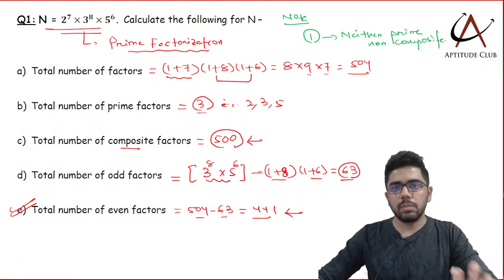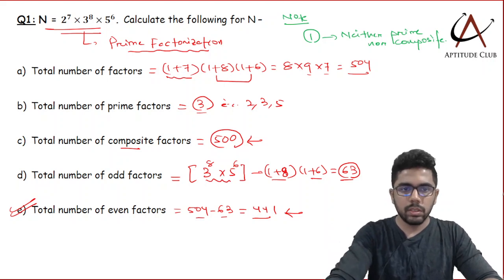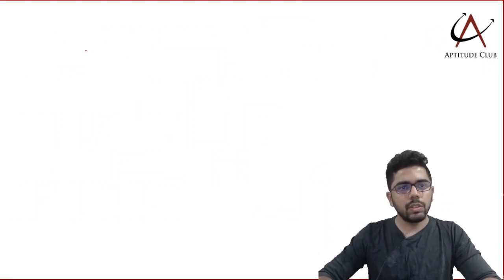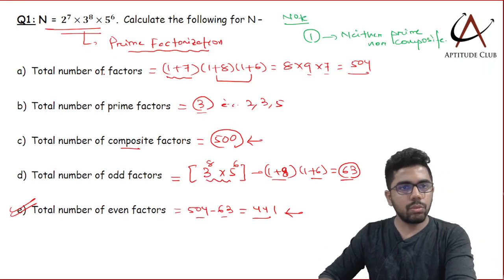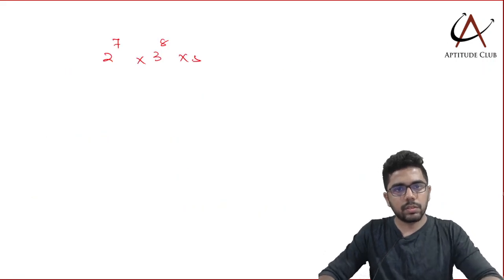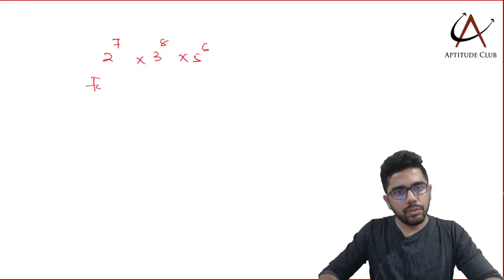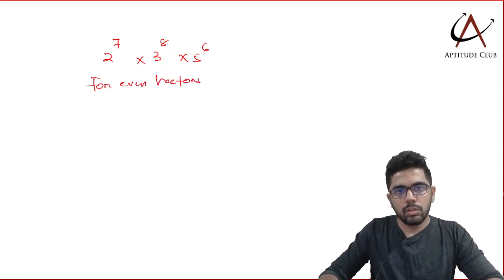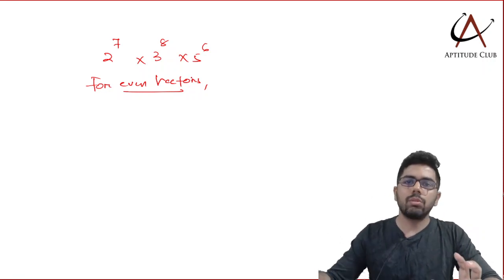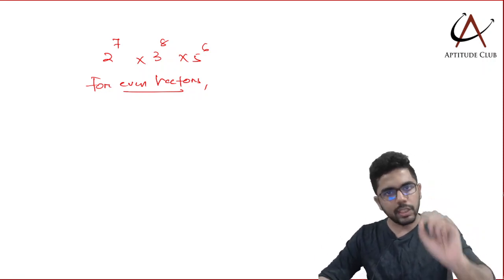Now this fifth term, let me tell you it in another way, that हम directly even factors निकाल सकते हैं. What you do is when you have this number, 2 to the power 7 into 3 to the power 8 into 5 to the power 6. If you want the factors should be even, नंबर के लिए एक guaranteed 2 रहना चाहिए. उससे ज्यादा 2 रह रहा है, no problem, but we should have at least one 2.